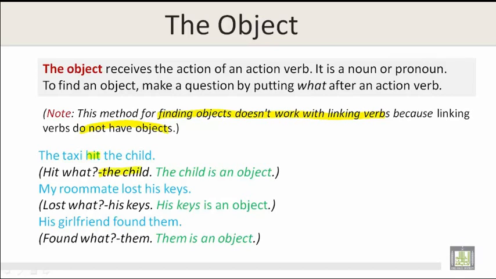Hit what? The child. The child is an object. My roommate lost his keys. Lost what? His keys. His keys is an object. His girlfriend found them. Found what? Them. Them is an object.